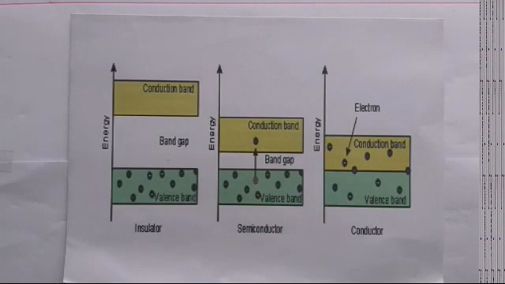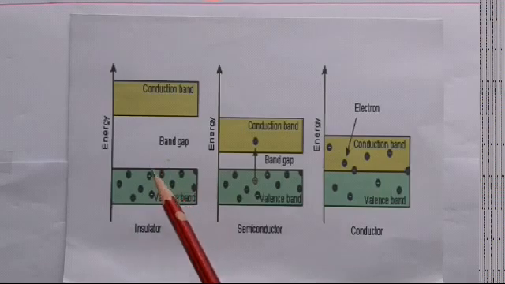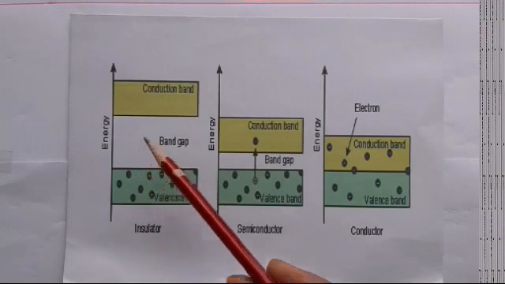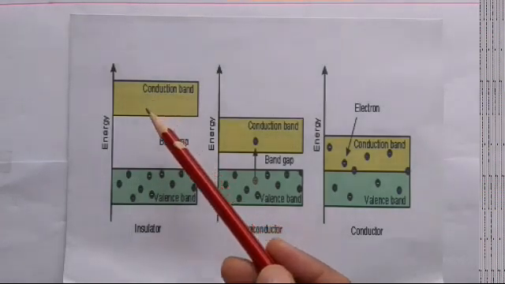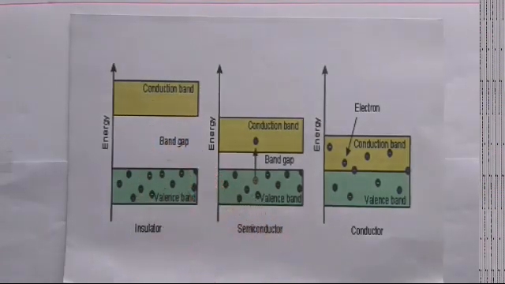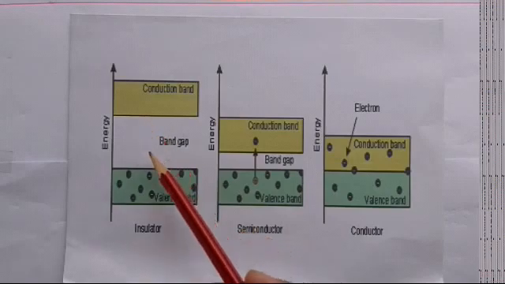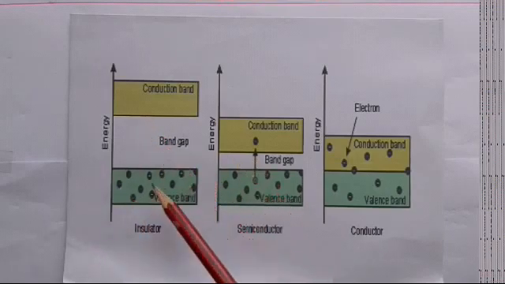These are two different energy levels separated by a certain amount of energy. We have electrons in valence band, and until and unless these electrons are moved into conduction band, there is no conduction of electric current. So this gap is very large in case of insulators.